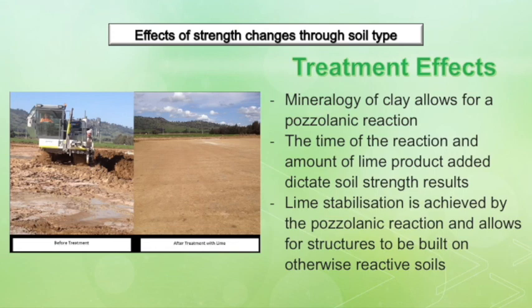The amount of lime added to a clay soil also has important effects on a soil's strength increase, as this will alter the proportion of cementitious precipitate that forms, and therefore the extent of particle bonding, which will also be further discussed. Therefore, although clays make poor building foundations, their mineralogy enables a pozzolanic reaction to occur with lime to improve the strength of the soil and make it more suitable for construction.